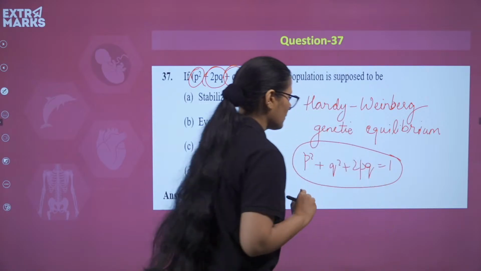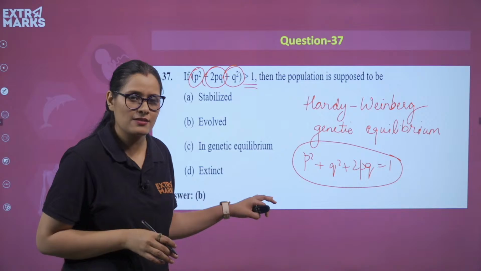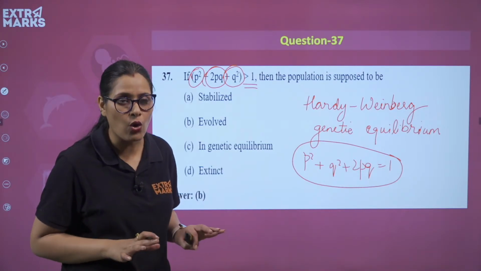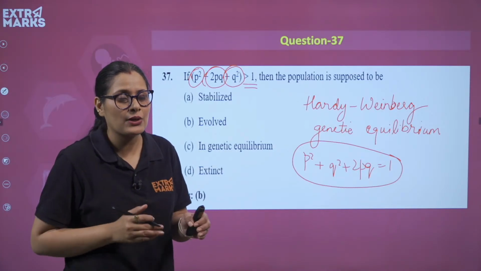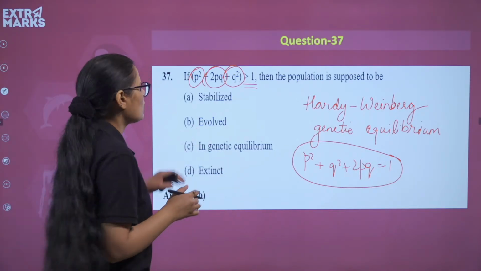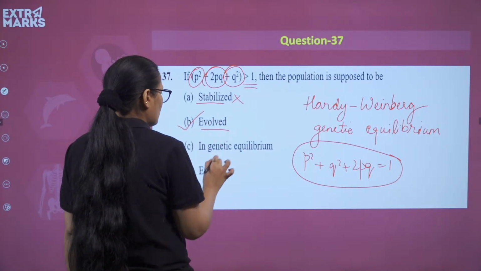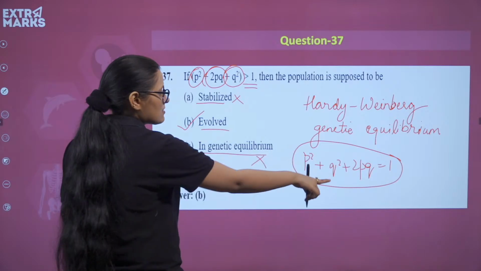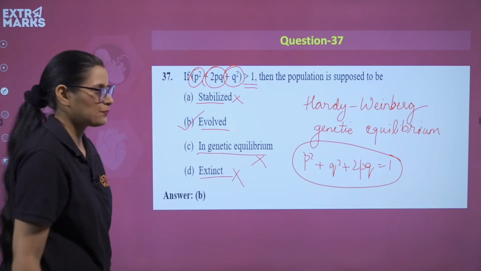It is disturbed because according to it, whatever population stays in this equation is not evolving. So if it is higher or lower, that means that population is undergoing changes. Is it stabilized? No, it is evolving. In genetic equilibrium? No, because it is not satisfying this equation and is not extinct too.